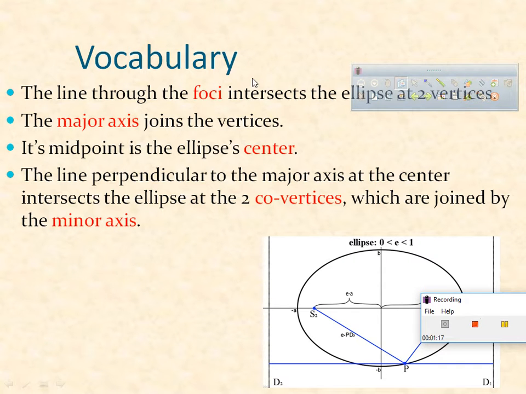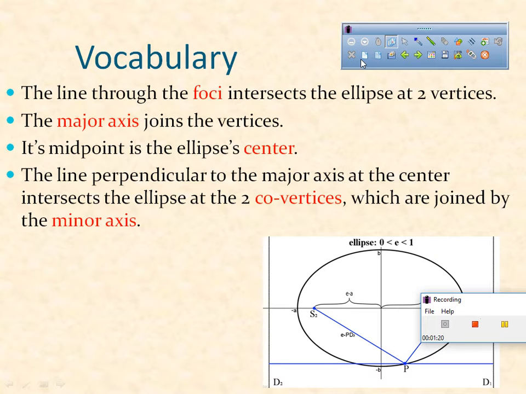So vocabulary-wise, the line that goes through the foci intersects the ellipse at two vertices. The major axis joins the vertices. Its midpoint is the ellipse's center. The line perpendicular to the major axis at the center intersects the ellipse at the two co-vertices, which are joined by the minor axis.